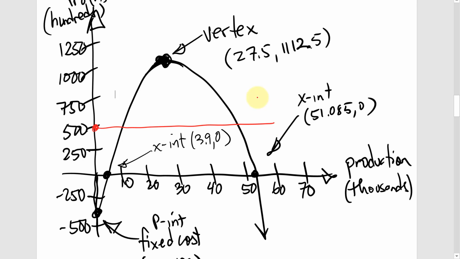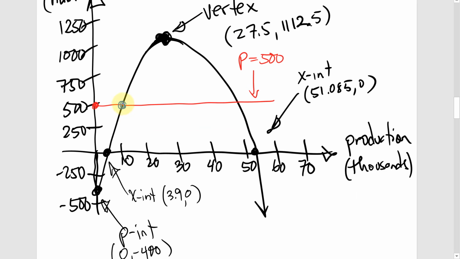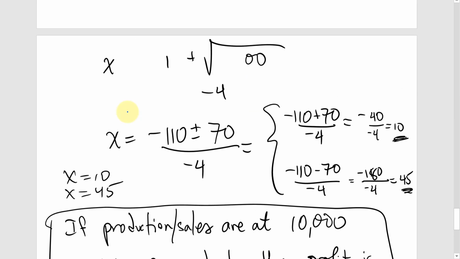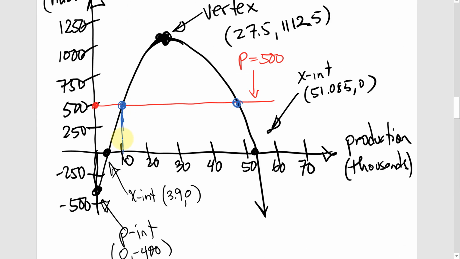This is the constant line P equal 500. And it's at these two levels, these 2 points where profit hits 50,000. We just found these 2 points, 10,000 and 45,000. So right at 10,000, and then this point, it's more like 45.